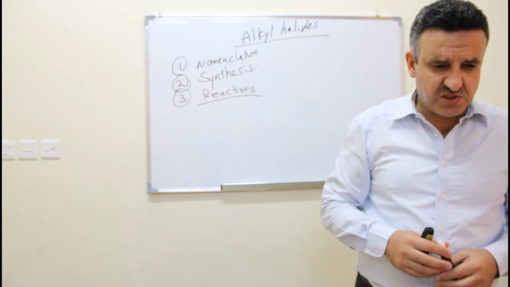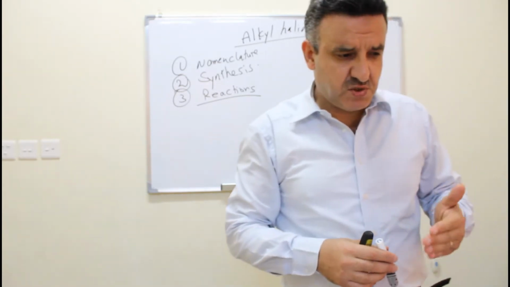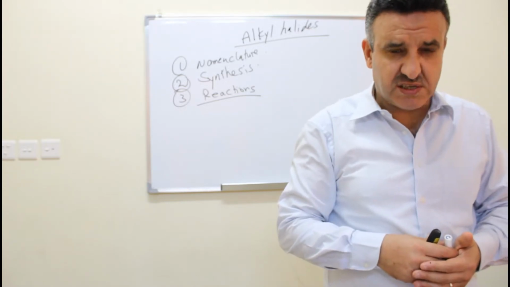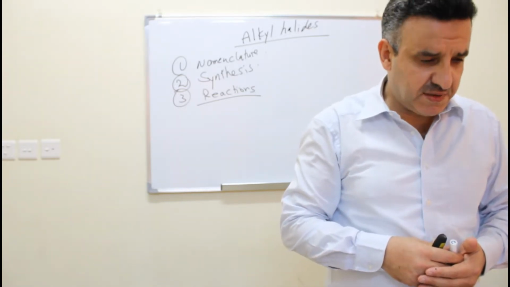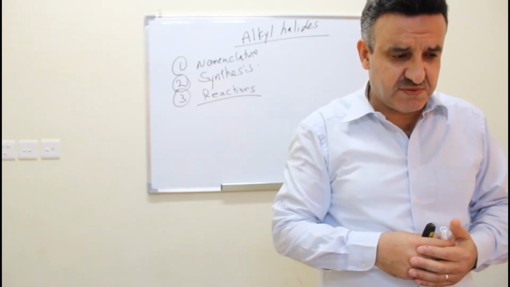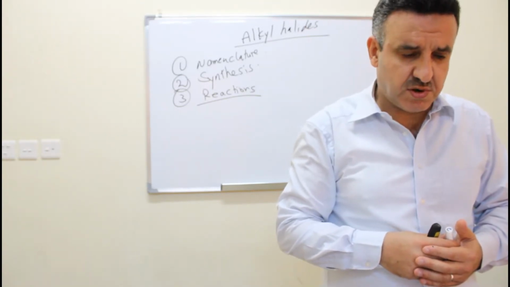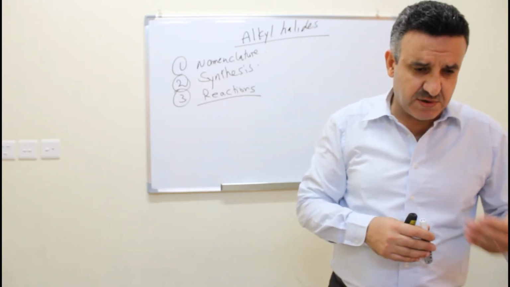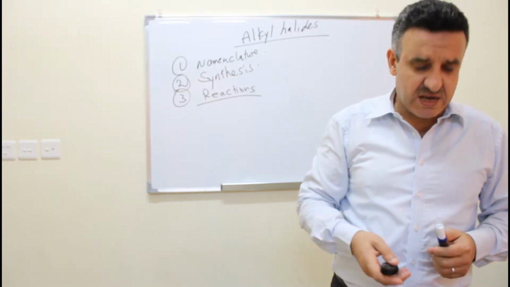If it is attached directly to an sp2 hybridized alkene carbon, we call it a vinyl halide, as we classified in the first chapters, chapter 2 or 3. And finally, if it is attached to a benzene ring, we call it an aryl halide.